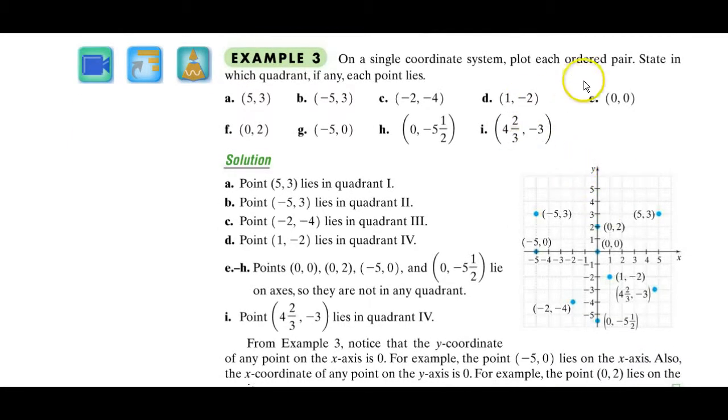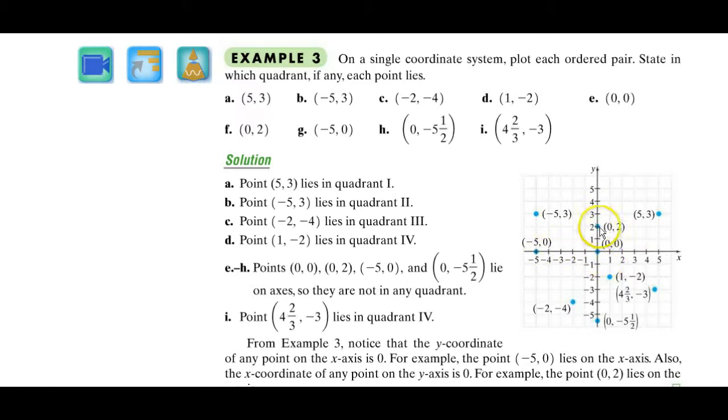So here they're asking, plot them, and then also state which quadrant they're in. Now, if you plot them correctly, you know, it's first quadrant, second quadrant, third quadrant, fourth quadrant. And notice some are on the line, they're on the axes.